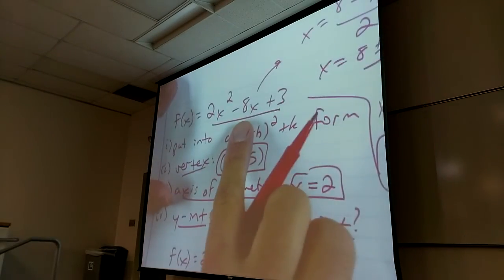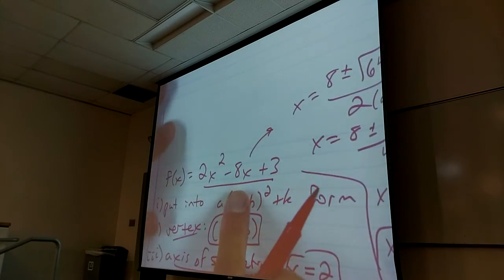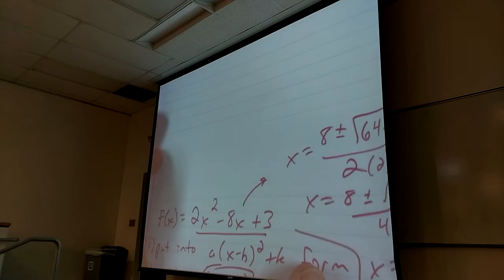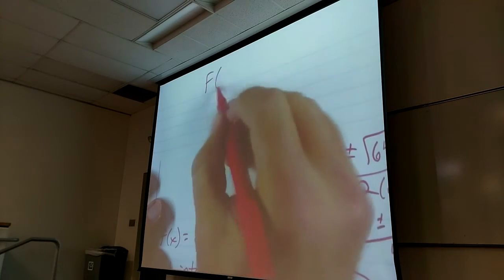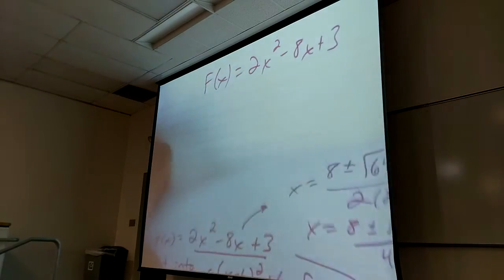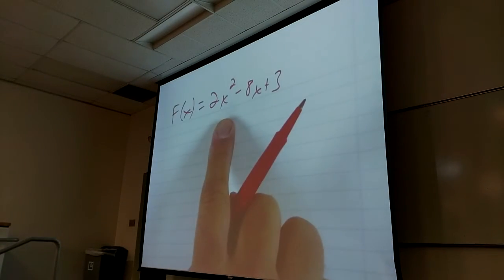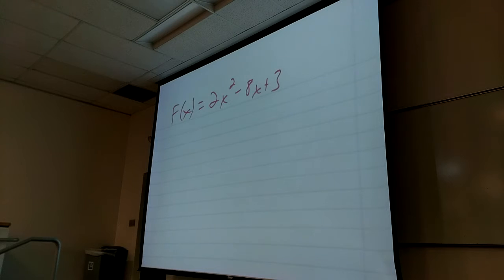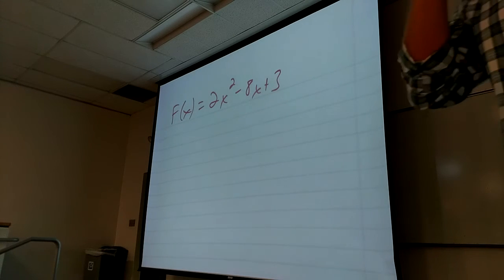Okay. So let's see. There was one last thing I wanted to say. Oh, real quick. This guy here. Do the shortcut real quick for the vertex and verify that the vertex is the same both ways. So let me write it up here again. Do the shortcut for the vertex. Find the vertex again. You couldn't do that on the one I gave you because I didn't tell you you could do it.